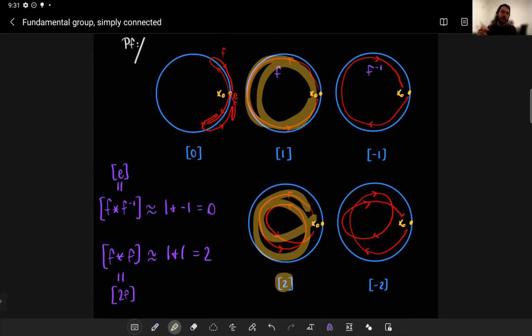So you could teach kindergartners how to add integers by having them loop string around a tree. I could say, hey Johnny, what's 2 minus 5? And I would give him a long piece of rope, and he would run around in one direction twice, in the other direction 5 times, and he'd be left with 3 loops in the clockwise direction. And he would be like, oh, 3 loops clockwise means -3.